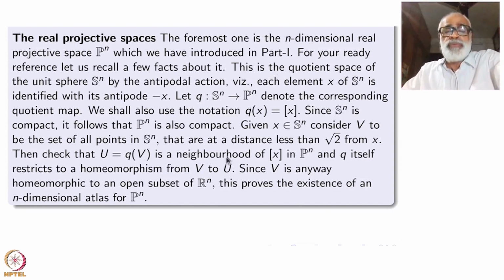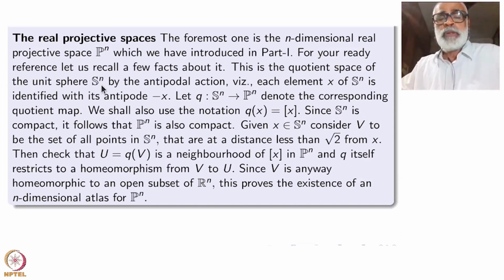So first of all, what is the definition of Pn? Pn is the quotient of the unit sphere Sn inside Rn+1 by the antipodal action. What does that mean? x and minus x are identified.